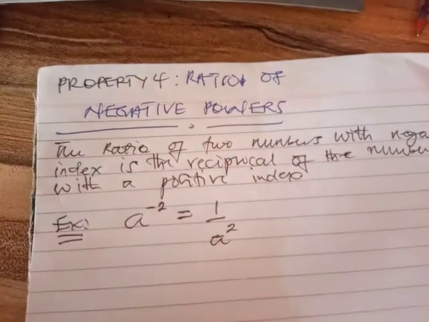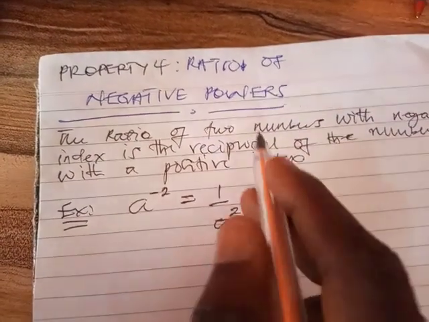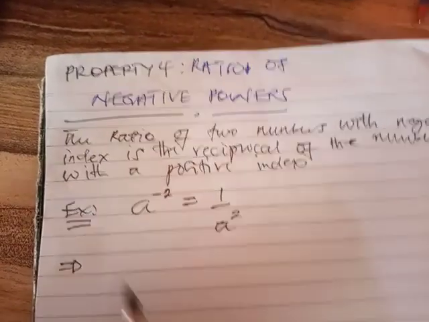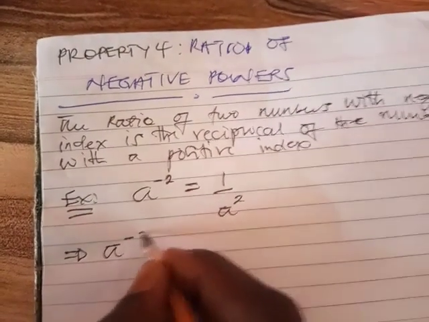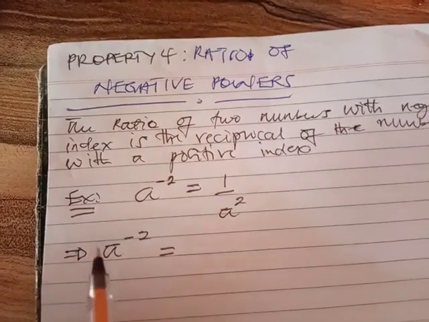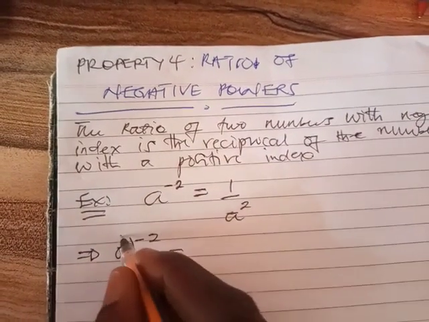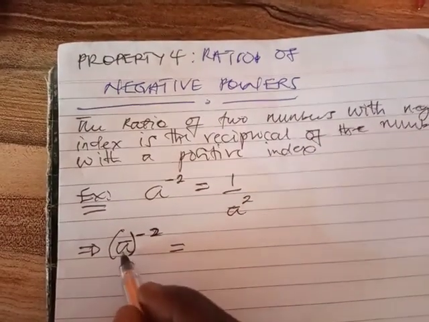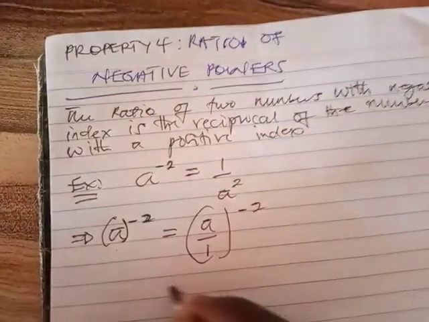Now, what we are trying to say is that, coming back to this statement, a exponent negative 2 is the same as you reciprocating this value here, a here. Let's group this, because we have negative index here. Now every whole number is over 1, so we have a over 1, all exponent negative 2.